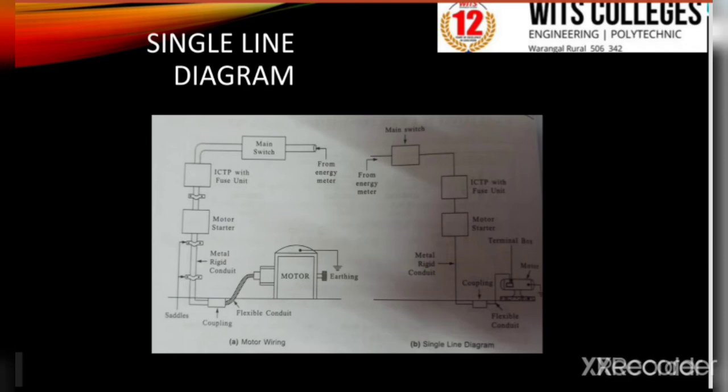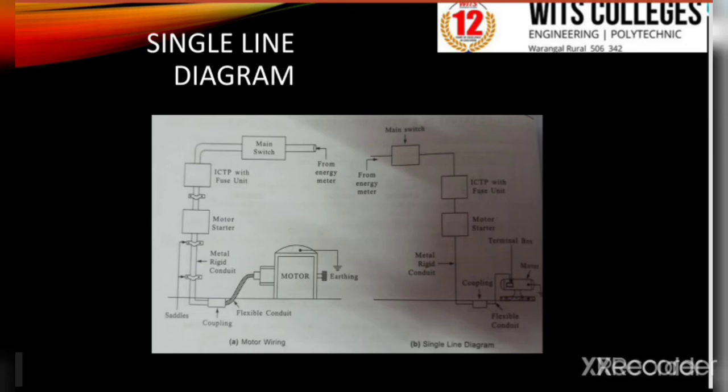From the meter board the supply is fed to the main switch. Here at the main board we consider the main switch as well as the distribution board. From the distribution board the power is fed to the motor through the motor switch and motor starter. The size of the ICTP switch and the starter will depend on the rating of the motor.